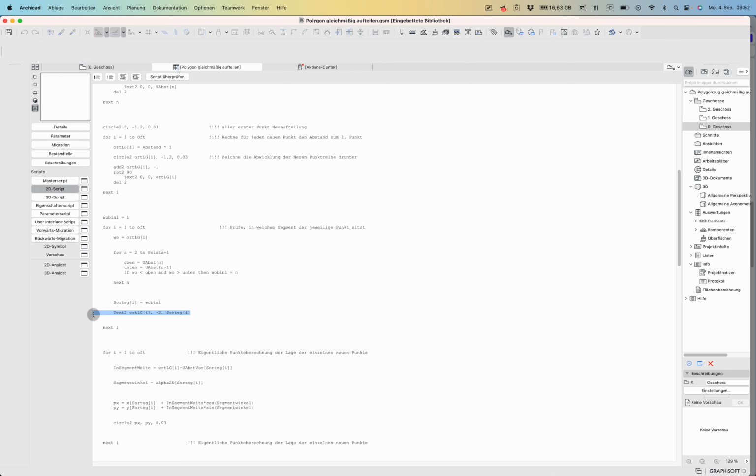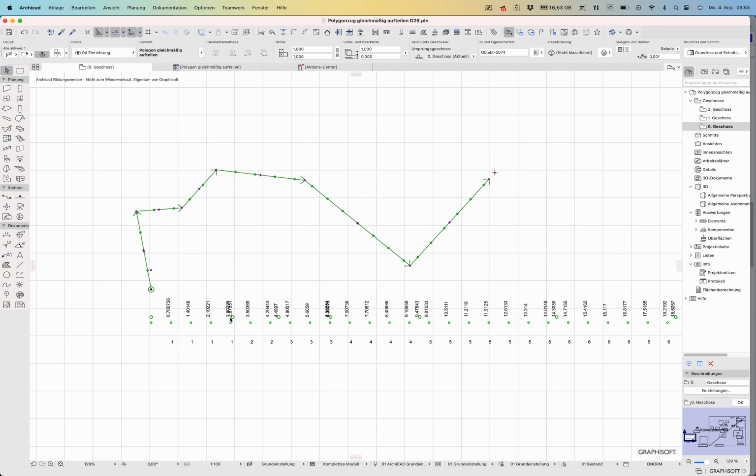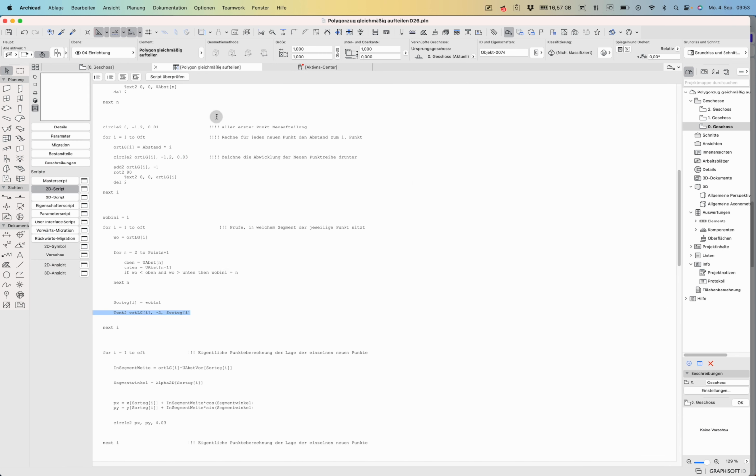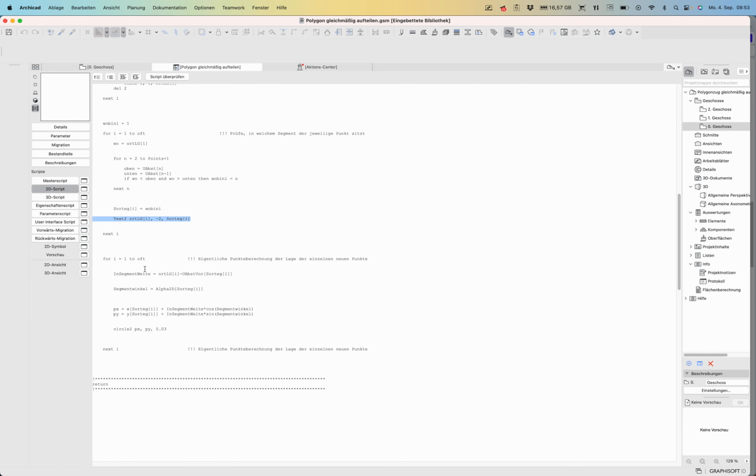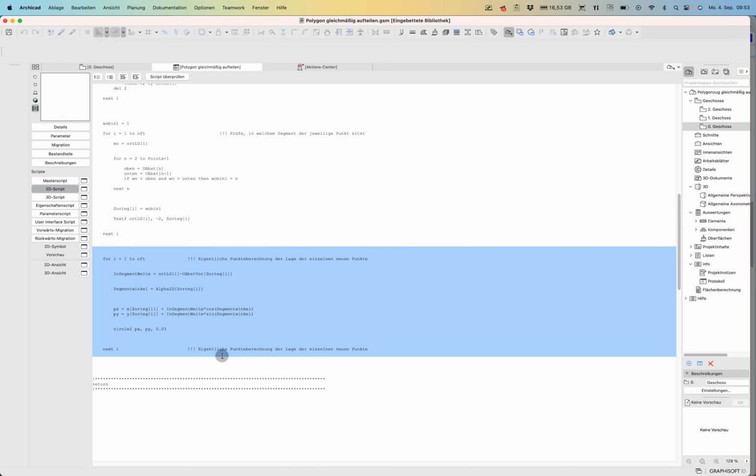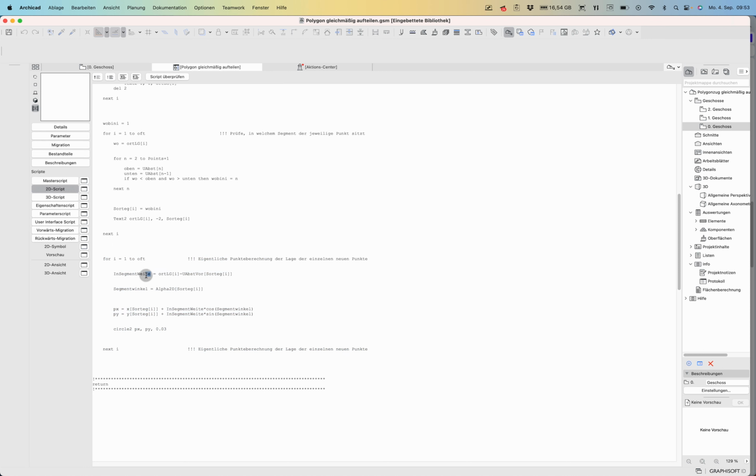This is this text here, this one, so that I could see it. Next step. For every new point, I just calculated the width within one segment for every point.